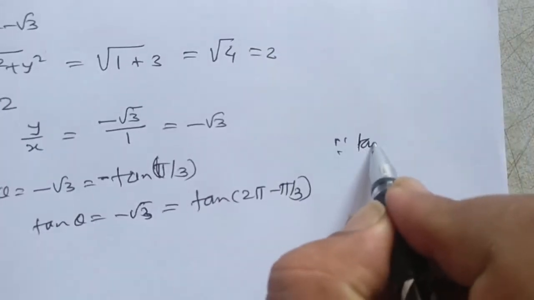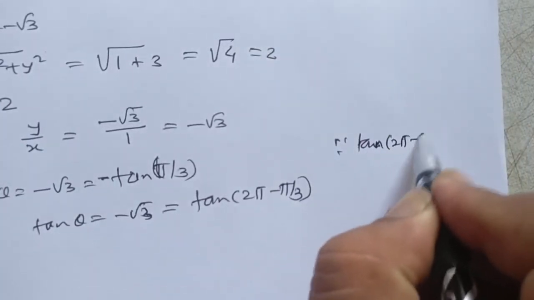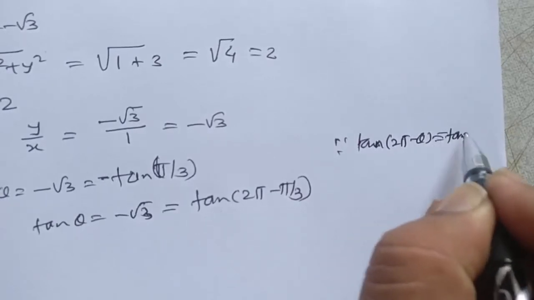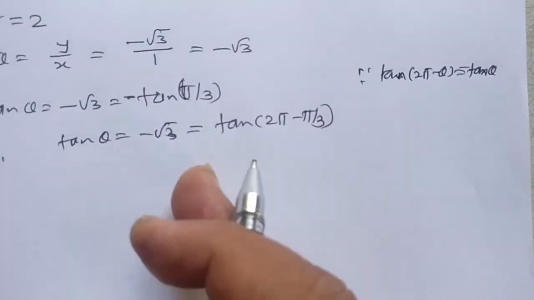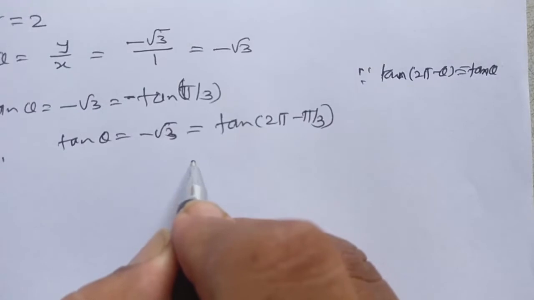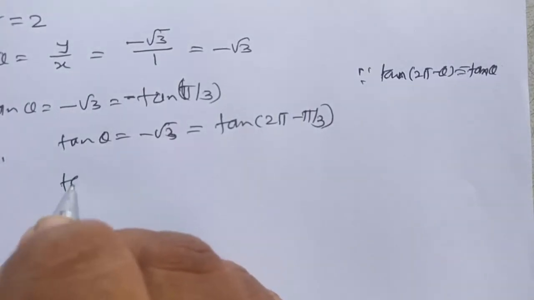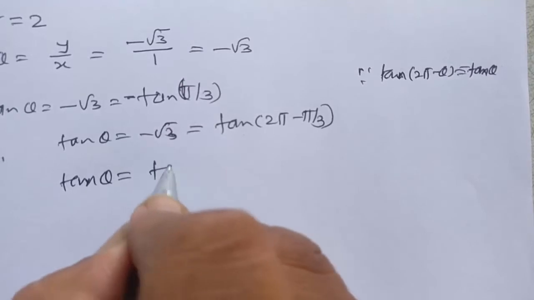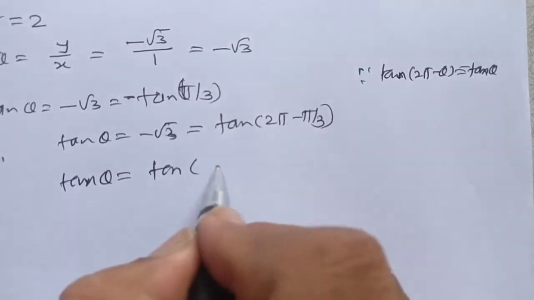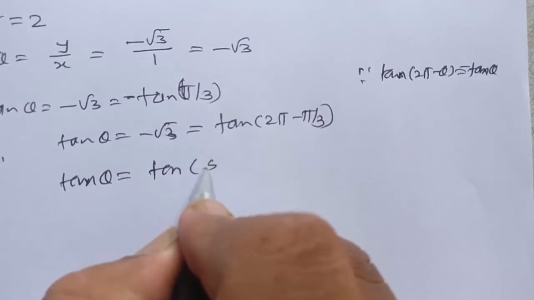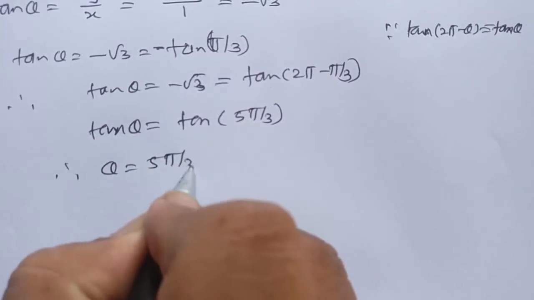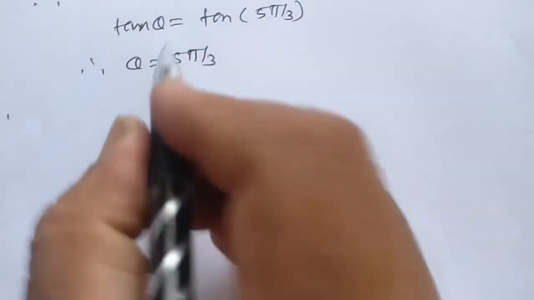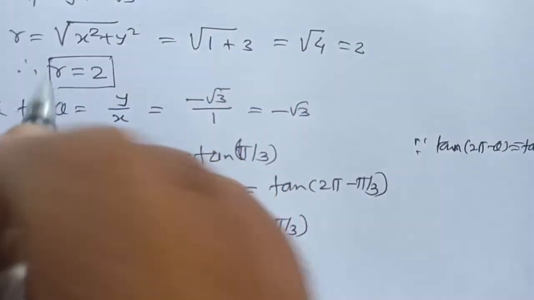Since tan of 2 pi minus theta is equal to minus tan theta, using this, therefore tan of theta is equal to tan of 6 minus 1, that is 5 pi by 3. Therefore, theta is equal to 5 pi by 3. Therefore, we got theta and r is equal to 2.